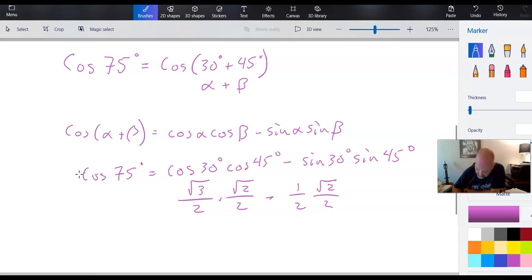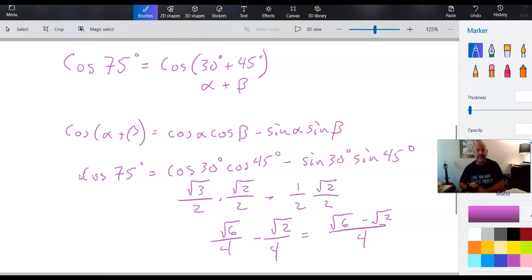So root 3 times root 2 is root 6 over 4 minus, and then over here I have root 2 over 4. And since those have a common denominator, this is now root 6 minus root 2 over 4. That's pretty much how it works when they're numbers.